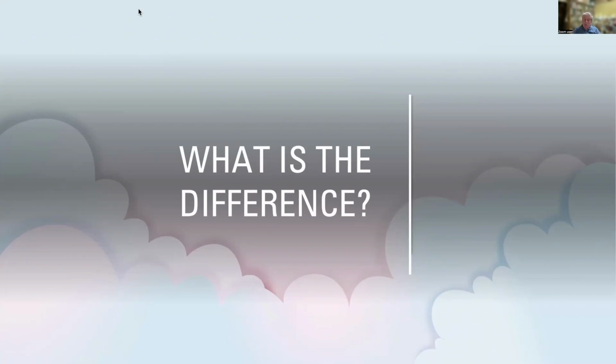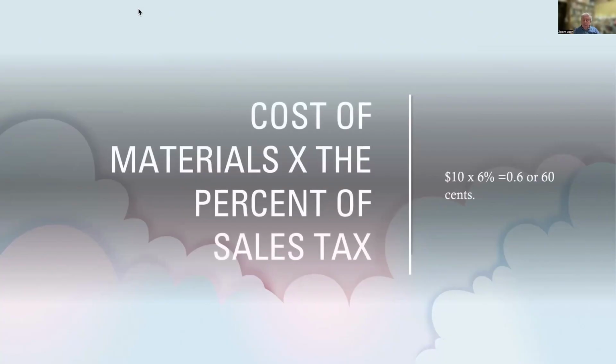Well, let's take the markup first. A markup is the sale price of an item compared to its cost. So sales tax is a really good example of what a markup is. If I were to go to Safeway and I wanted to buy a loaf of bread, and the cost of the material, this loaf of bread, was $10, and they were going to charge me 6% sales tax, that would mean that I would pay $10.60 for this loaf of bread.